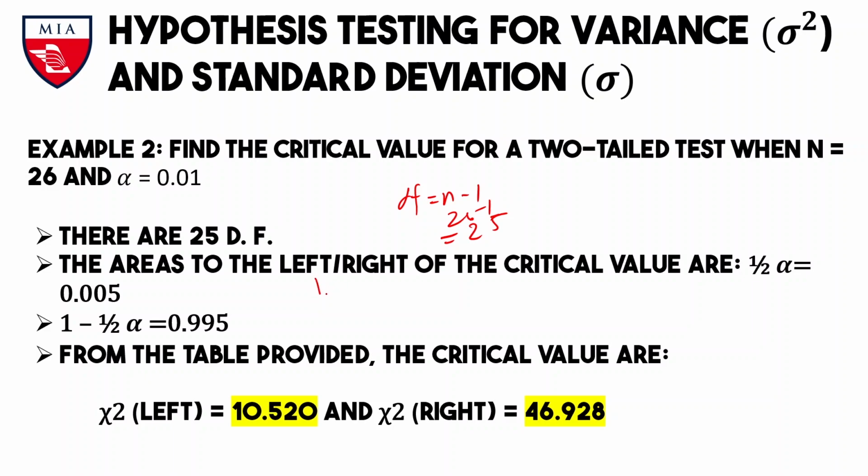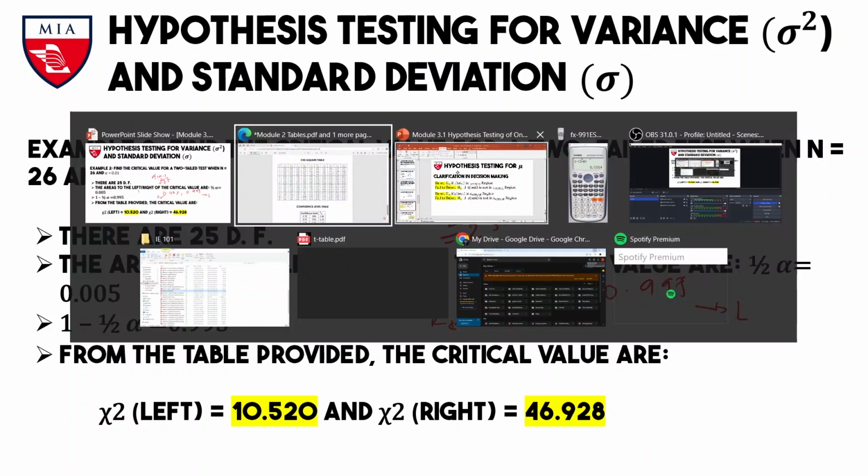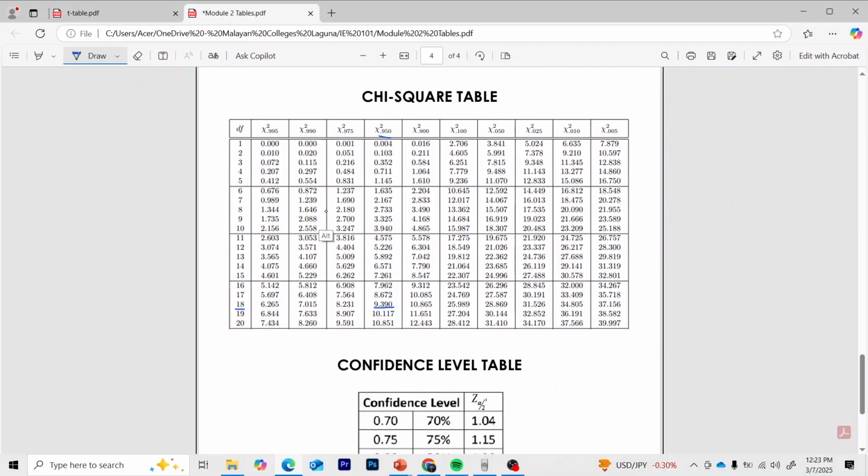So we have 0.005 and we have 0.995. So this is for the left and this is for the right. So let's look at the table. I think my table is not complete.